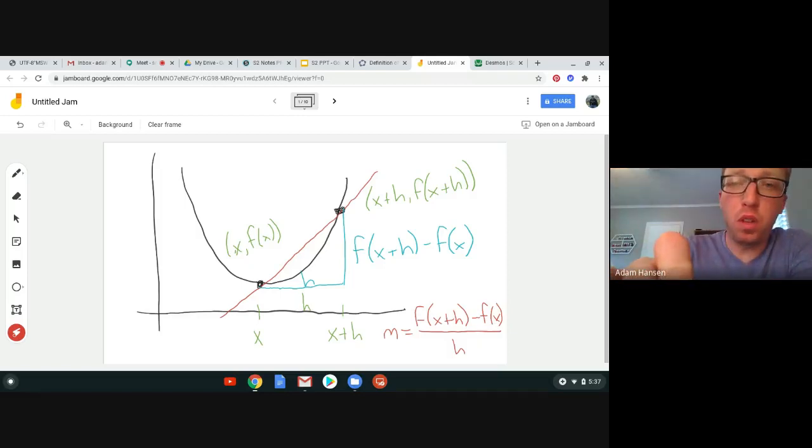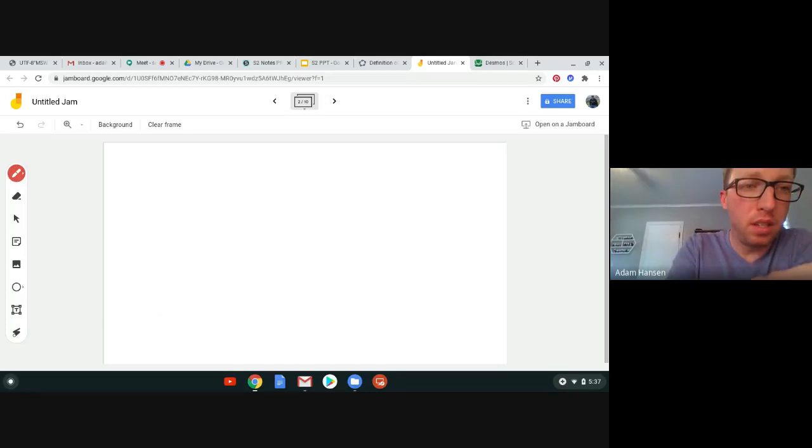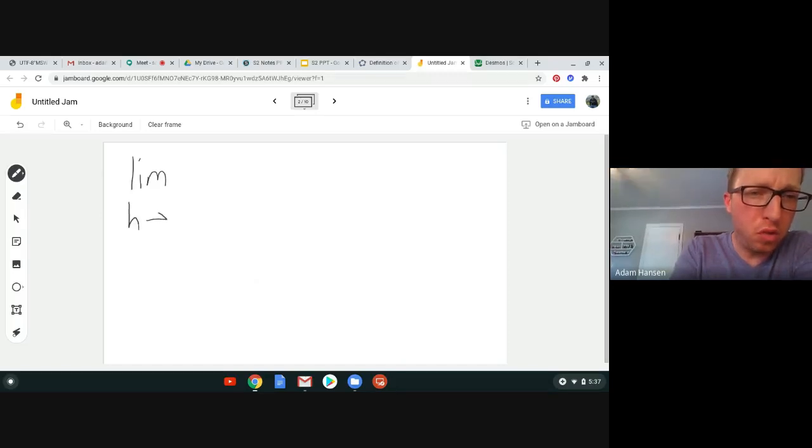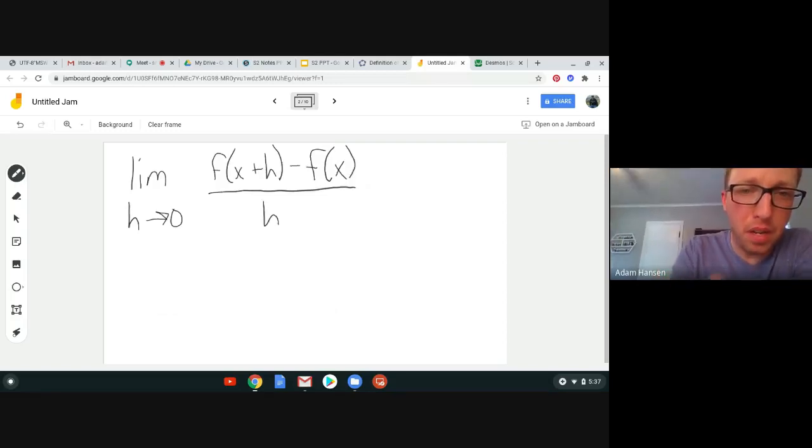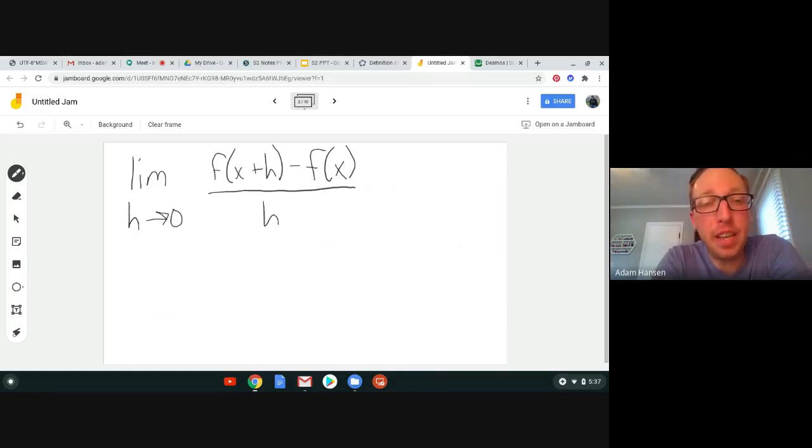So what we work with is what's called a limit. A limit as h goes to 0 of f of x plus h minus f of x divided by h. How does our slope behave as h gets infinitesimally closer and closer to 0?